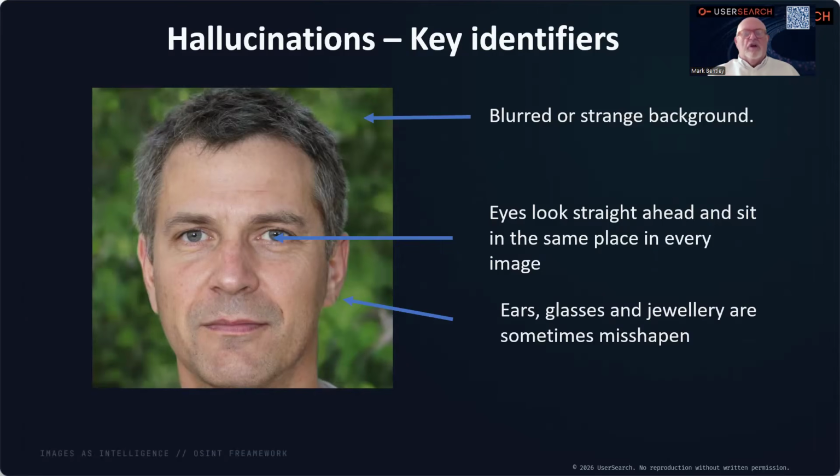Now, this is why if you try and use these when you're creating a profile on social media, they'll work out what you're doing because of the X and Y axis position of the eyes. And there may be things that are misshapen, but there's always a blurred background. Even if you've stripped out all the metadata out of the picture that you've saved and it doesn't show that it came from This Person Does Not Exist.